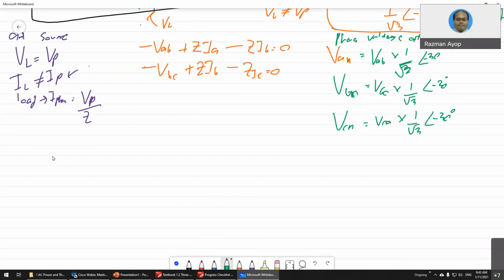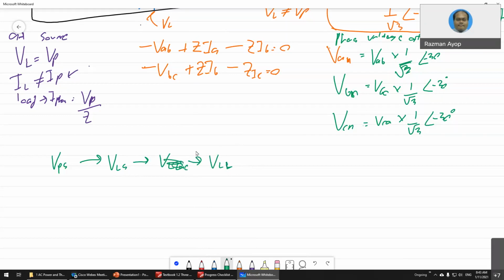So basically, first you have to find the V phase at source, and then you find the V line at source, and then you find the V line at the line. After you get the V line at the line, and then at the delta, you have to find the V line at the load.